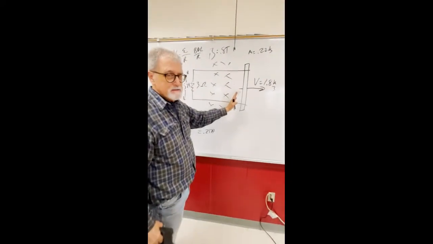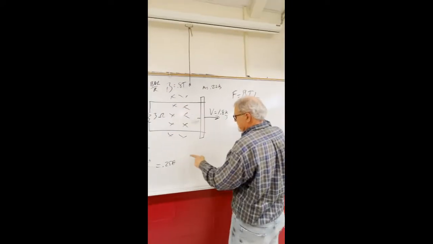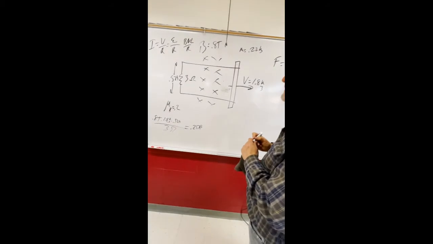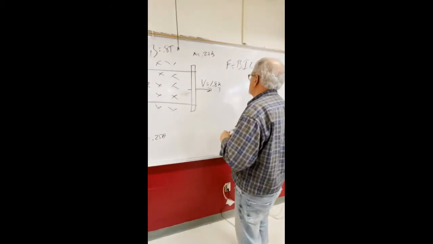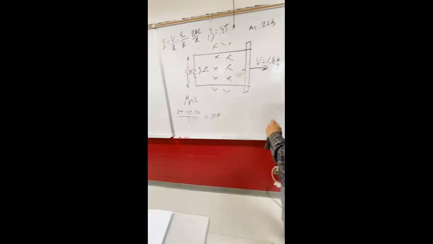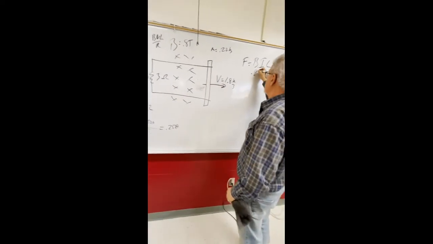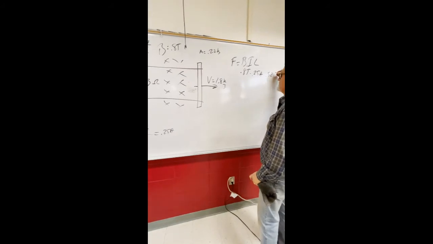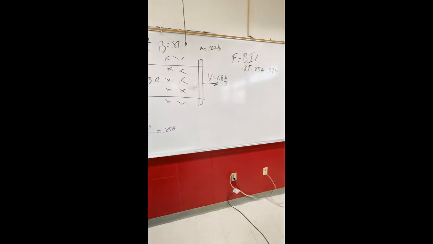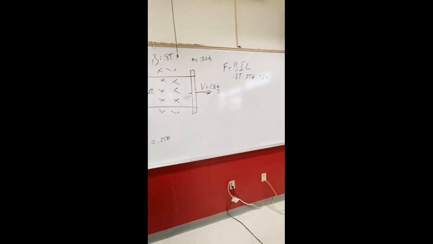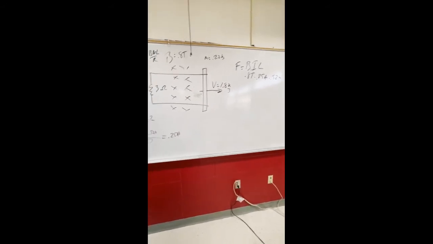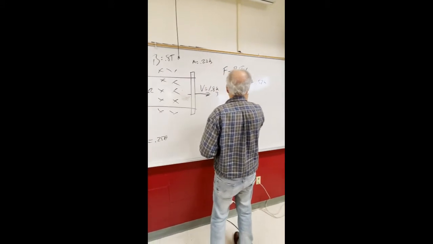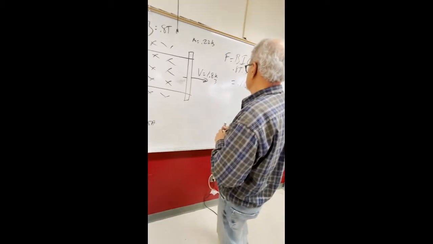The length of wire in the magnetic field is 0.52. So 0.8 times 0.25 times 0.52 is 0.104 newtons.